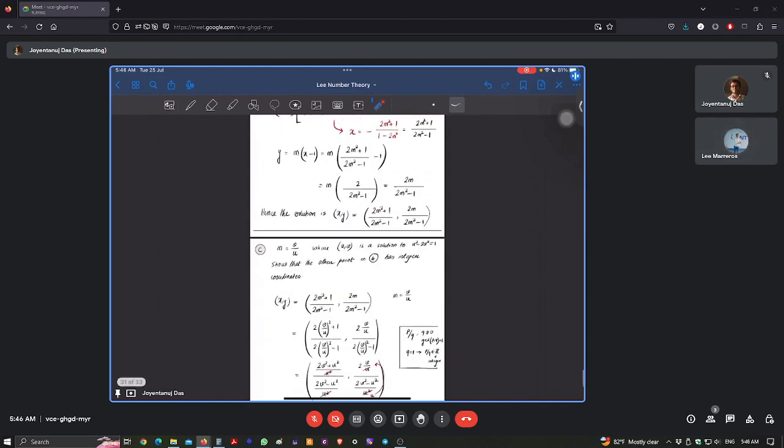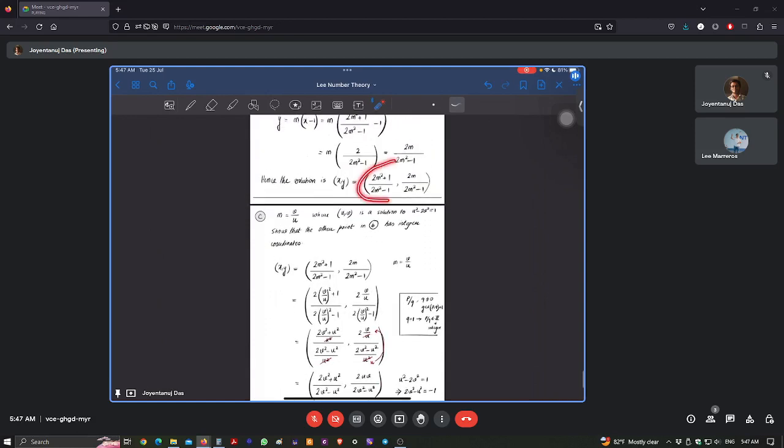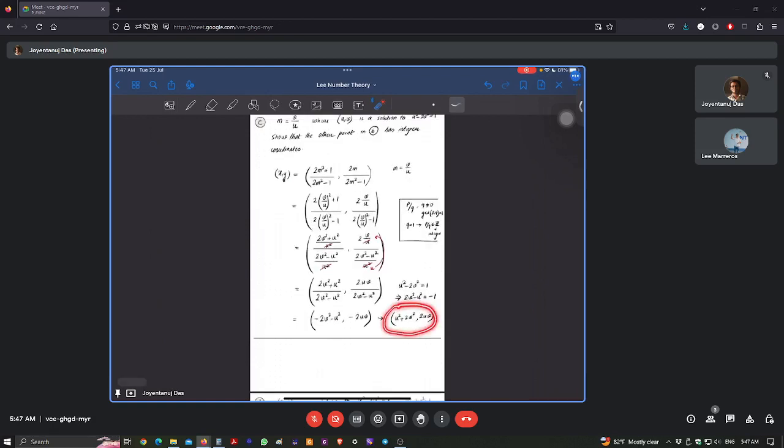Now, if I take m to be our rational number v by u, and (u, v) is a solution to this equation, then I showed that the point where the line again intersects the curve is u squared plus 2v squared comma 2uv.